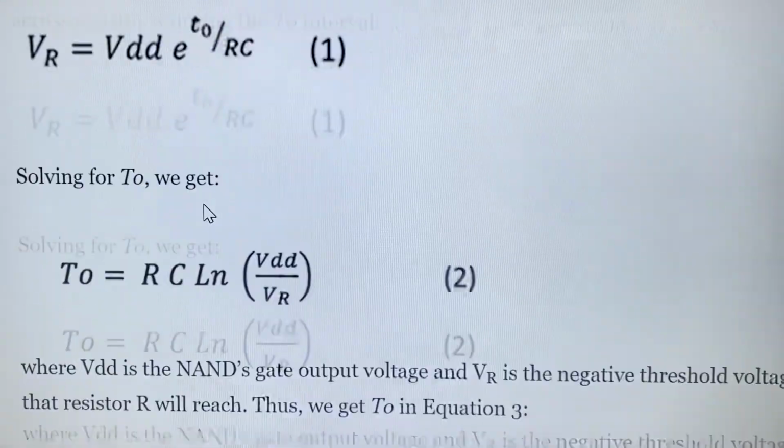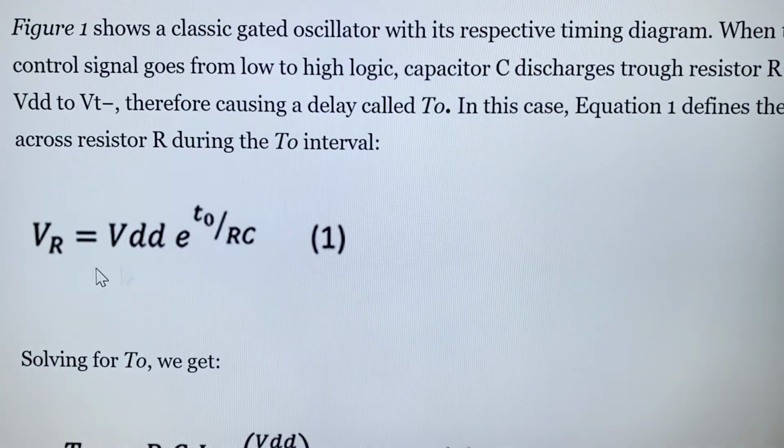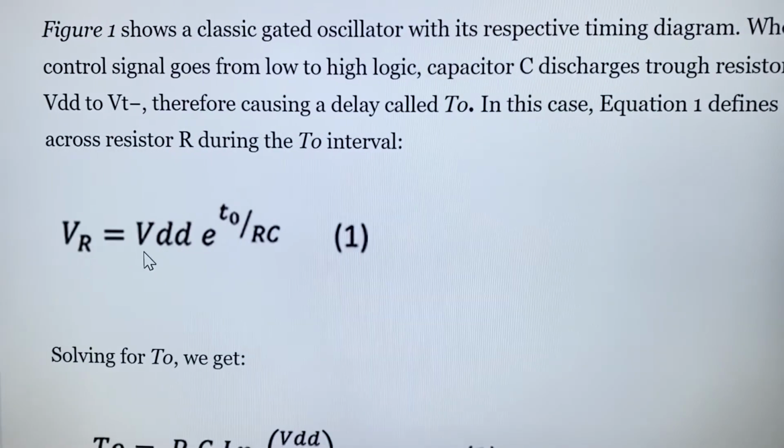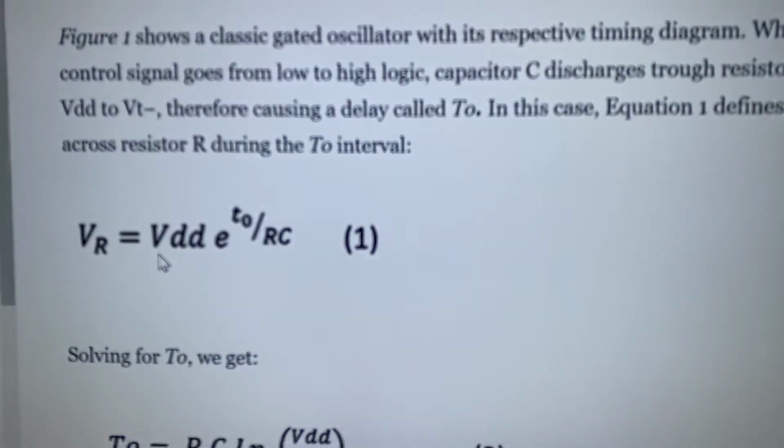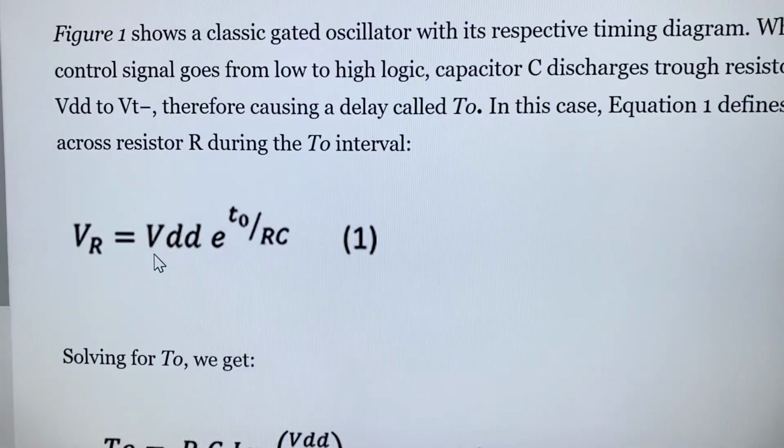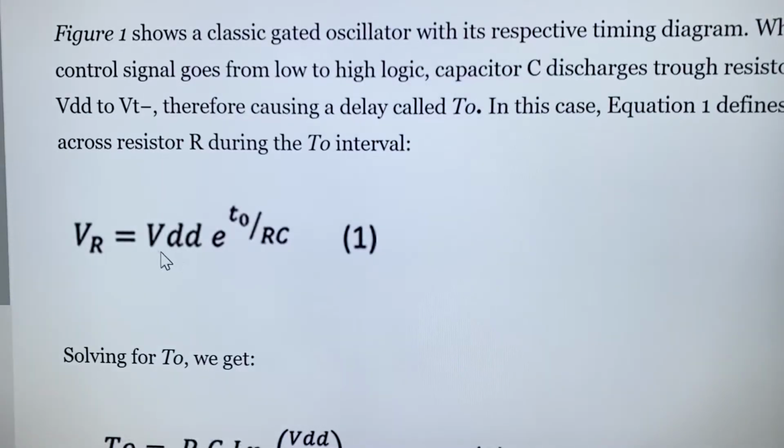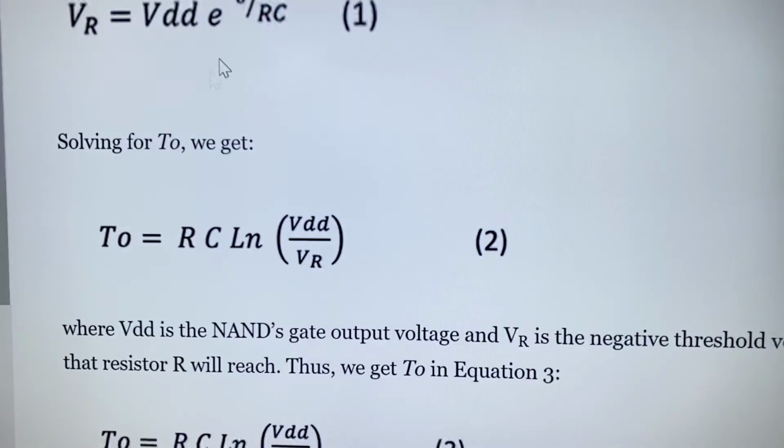From that equation, we get the resistor voltage. Let me adjust the illumination. Yeah, that resistor voltage is this. Solving for T0, we get T0 equal to RC ln of VDD over VR.